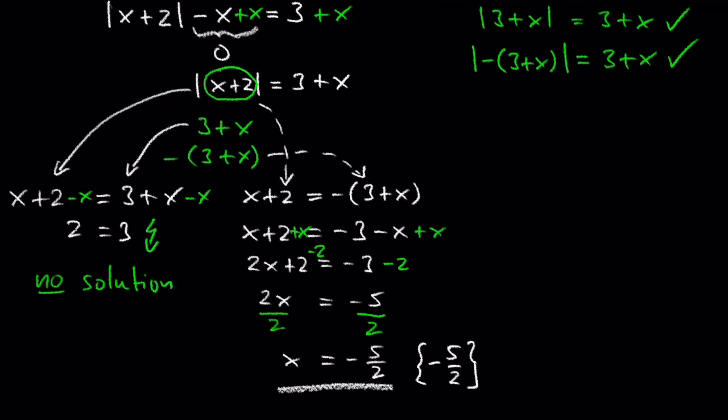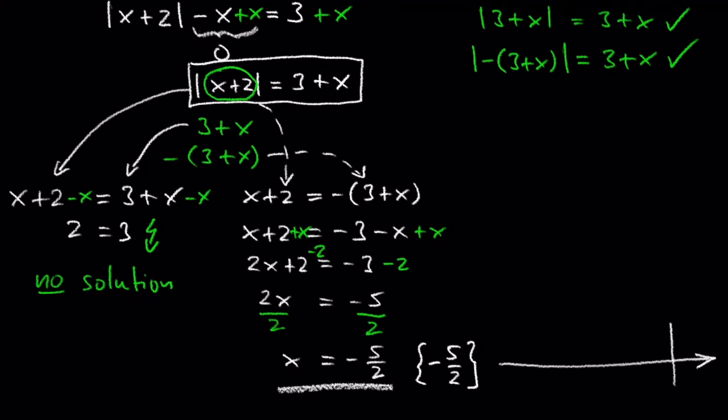Let's graph the two expressions to the left and to the right of the equal sign and see if the intersection of the two graphs represents our solution negative 5/2.